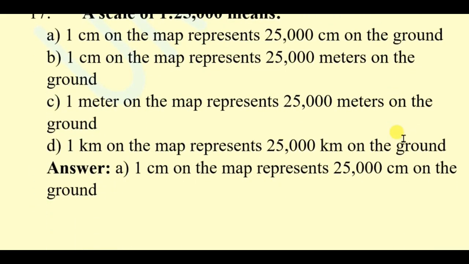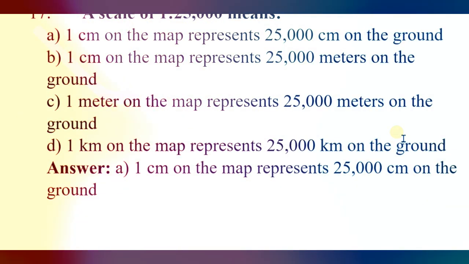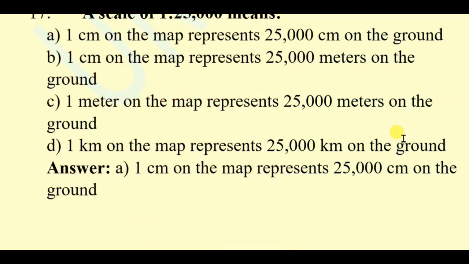Question number 17. A scale of 1:25,000 means 1 cm on the map represents 25,000 cm on the ground. 1 cm on the map represents 25,000 meters on the ground. 1 meter on the map represents 25,000 meters on the ground. 1 km on the map represents 25,000 km on the ground.